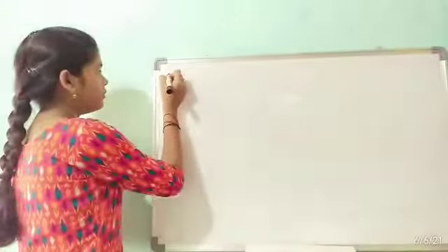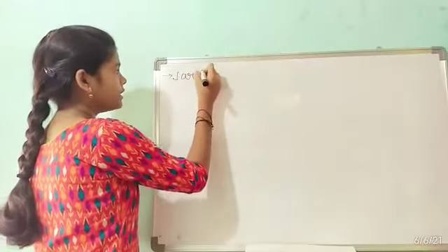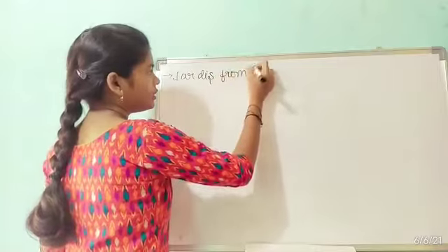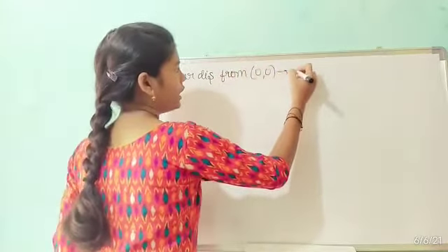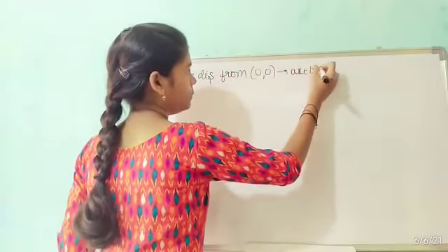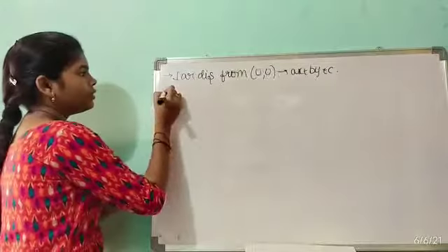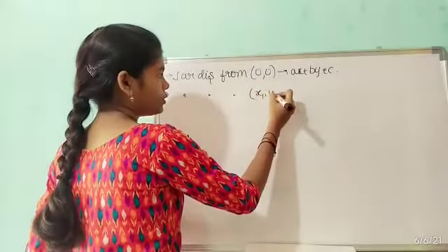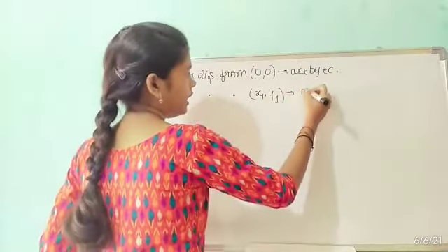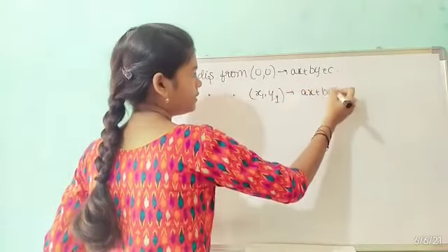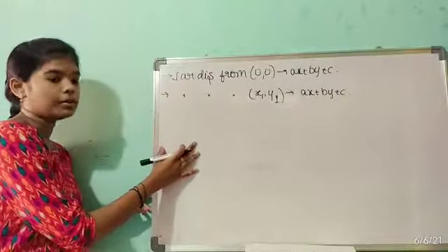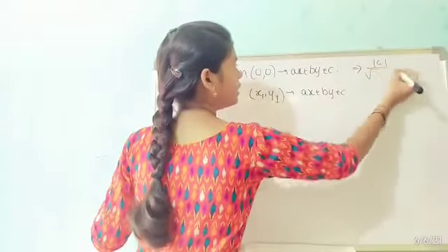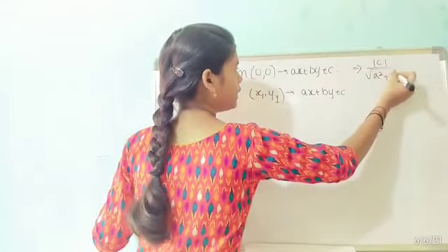On to the next, if we want to find the perpendicular distance from the origin to the line ax plus by plus c, along with the perpendicular distance from any point P like x1, y1 to this line ax plus by plus c, what are these formulas? You can simply remember: from the origin it will be mod c by root over a square plus b square.